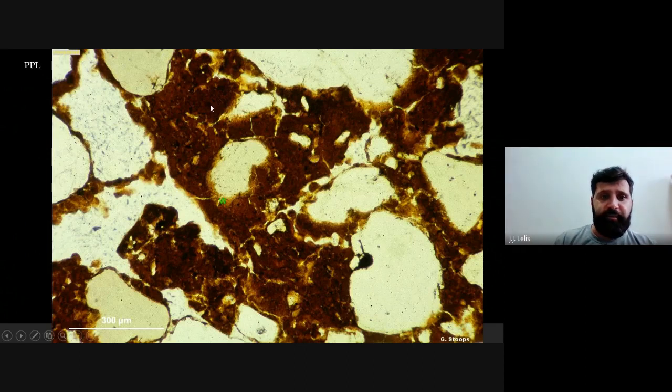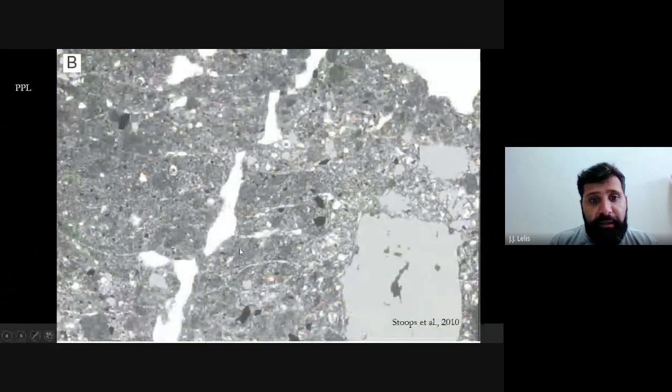Here we can see some pictures of a dark red color of these clay minerals that compose the fine fraction. And here they compose some aggregates, some pads. Here we can also see these materials, and these white areas are only voids.